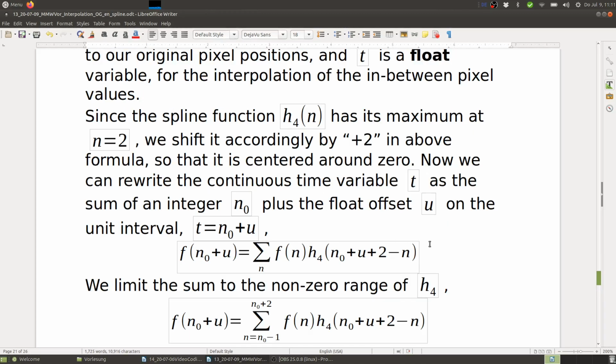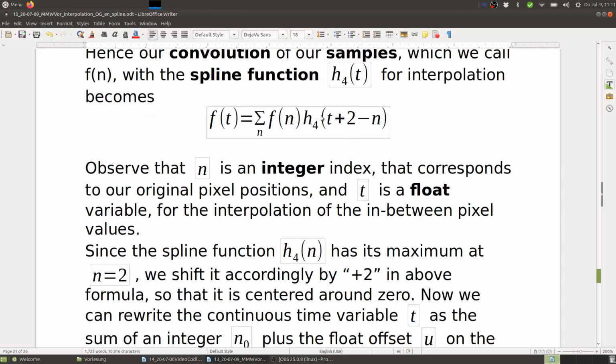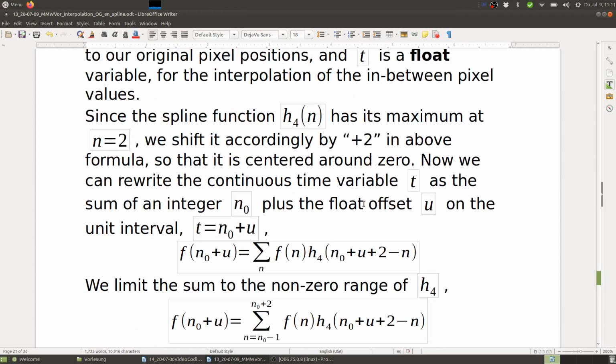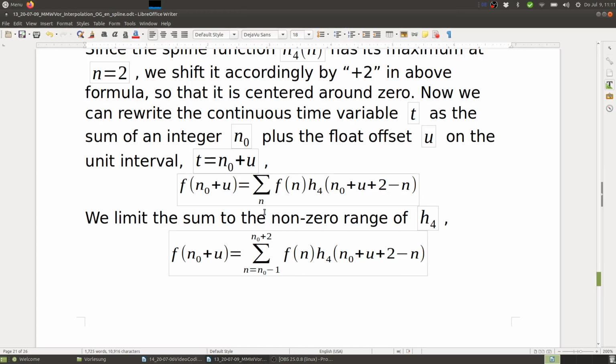For now this looks quite similar, except for this substitution here.